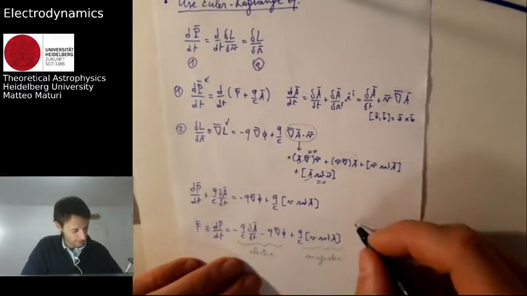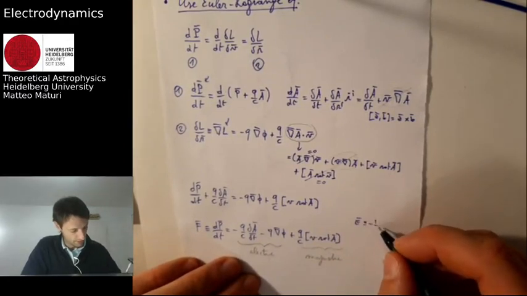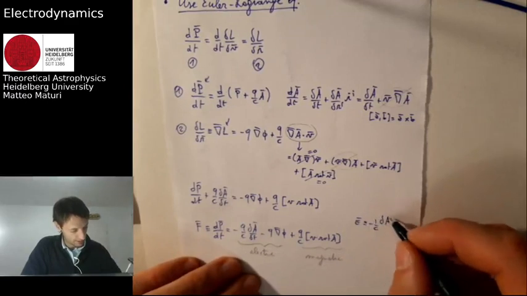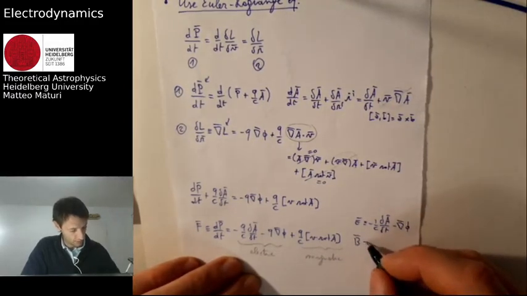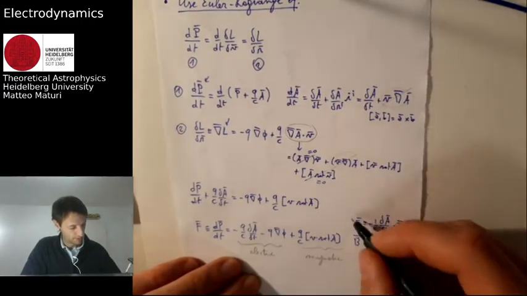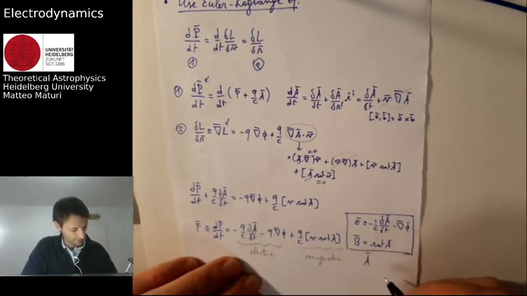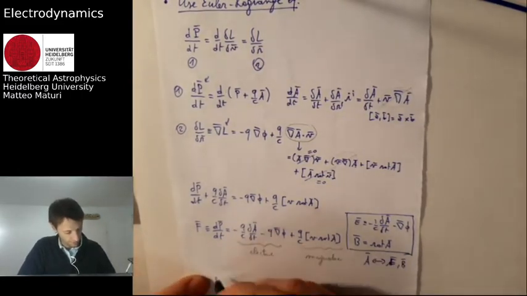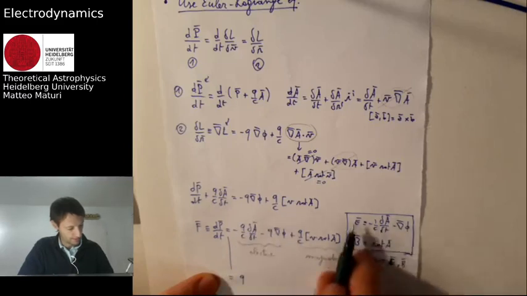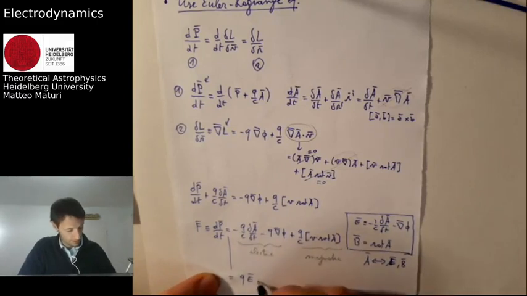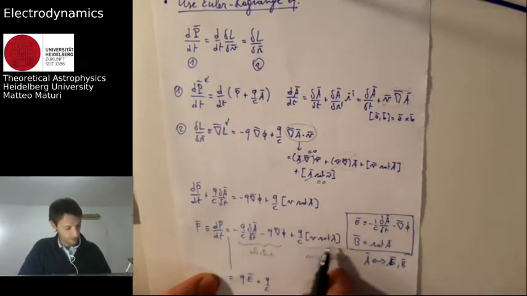And out of this I just define E as the guy which is minus 1 over c dA/dt minus gradient phi, and I call B the rot of A. Here I get the relationship between the three-dimensional potential vector and E and B. And my force is going to be q, you see q, q, and then the rest is this vector E that I created, plus q over c, and then we have the rotor.